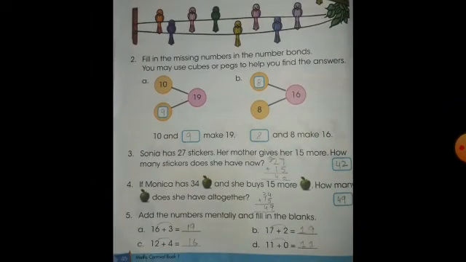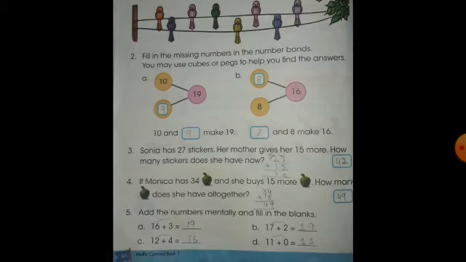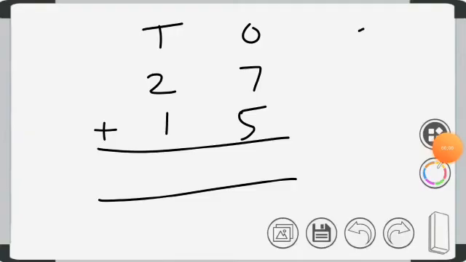Question number 2 is related to number bond that has been done already. Question number 3 is a word problem. Sonia has 27 stickers. Her mother gives her 15 more. How many stickers does she have now? More is the keyword for addition. Let's add 27 and 15. We will start from ones.